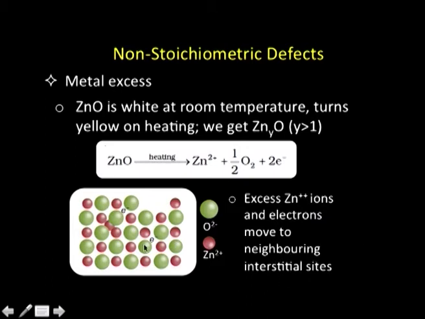So this zinc ion has gone into an interstitial site, and the electrons we get as a consequence of this reaction also occupy interstitial sites. Such a material is also colored, and this is again a kind of non-stoichiometric defect.